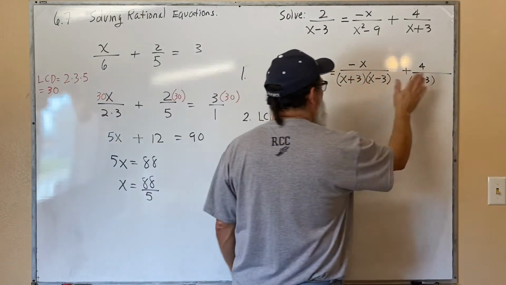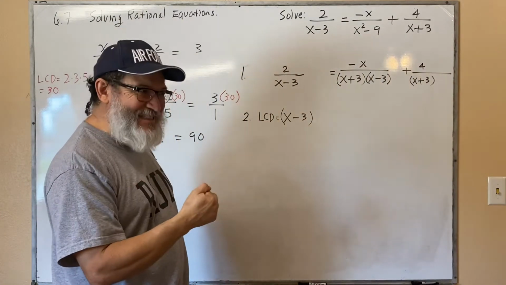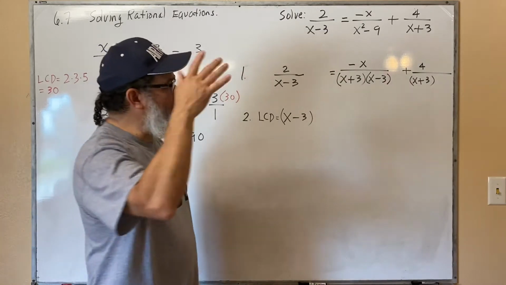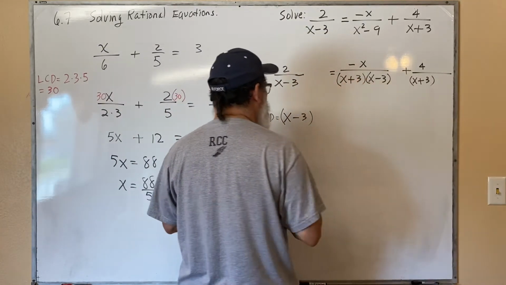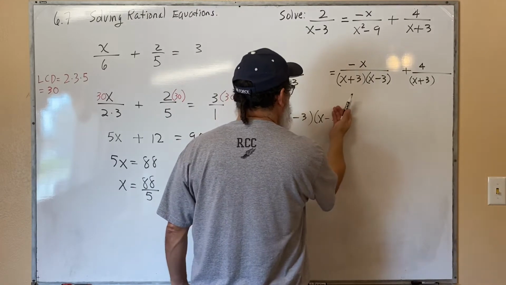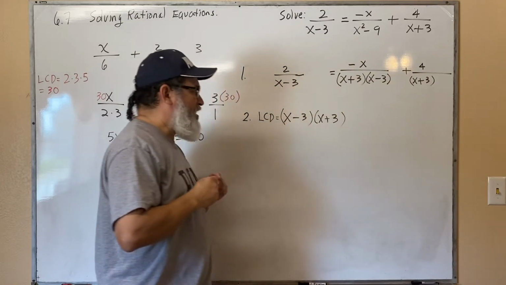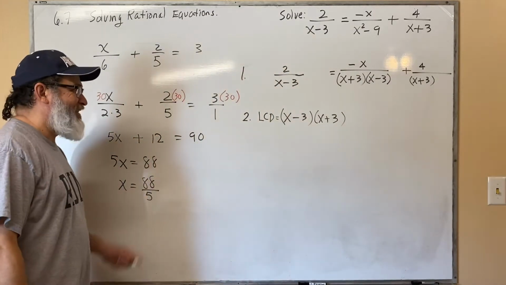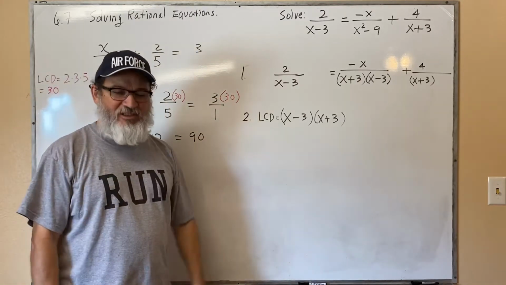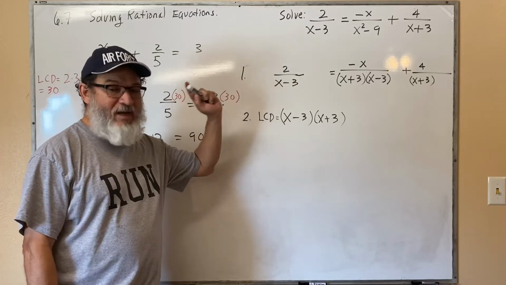Either here or there, not both. It is found once in each denominator, so we always just go to one denominator. One time. That's your LCD. That's your step number 2. Step number 3, multiply every numerator by the LCD.